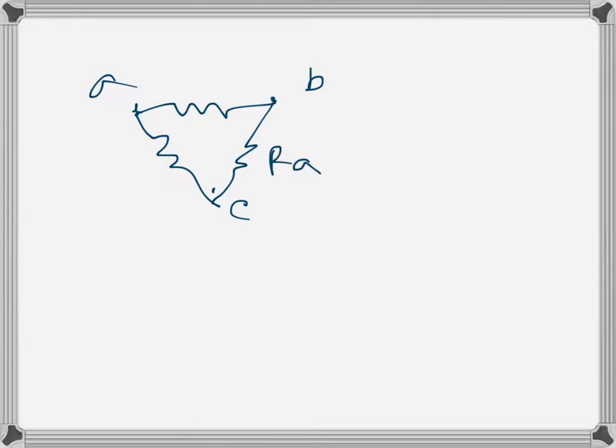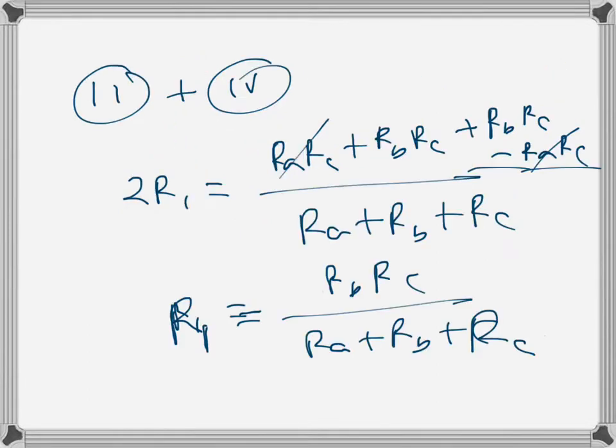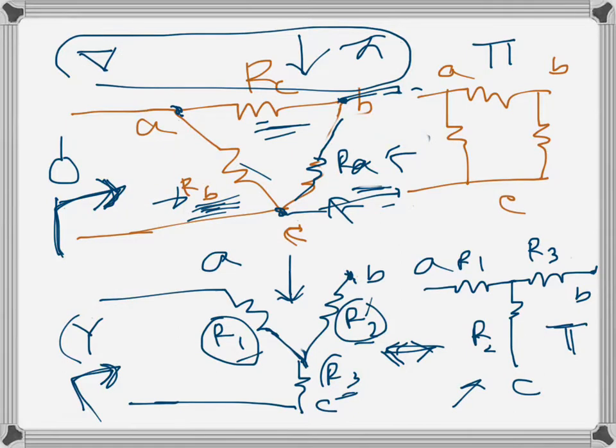So A, B and C here. This was the arrangement, and we know that this is our RA, opposite of A, this is our RB, and this is our RC. And when we convert it into Y, it was like this, A, B and C.